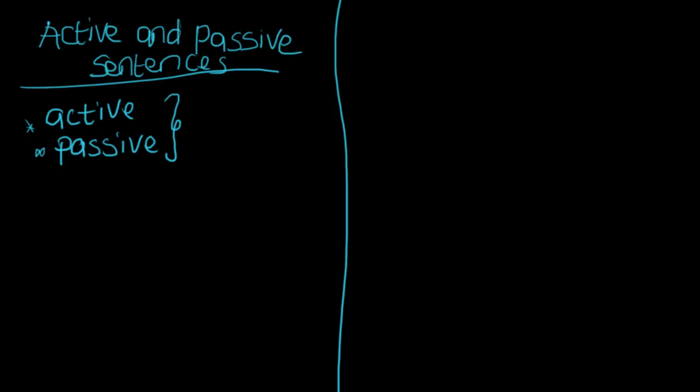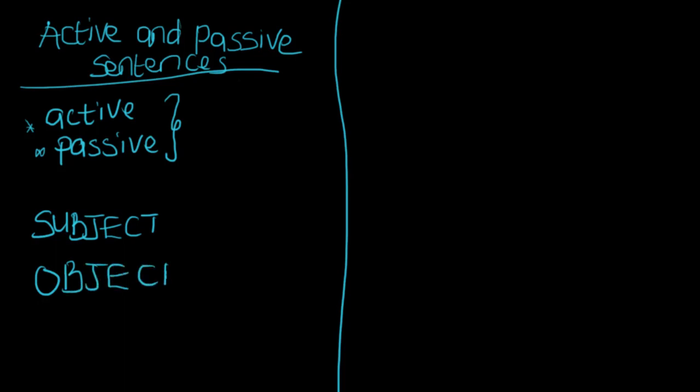Before we go fully into this topic, there are two important keywords that we really need to understand before we can have a full grasp of what active and passive sentences are. So the two important terms that we need to look at are subject and object in English language.